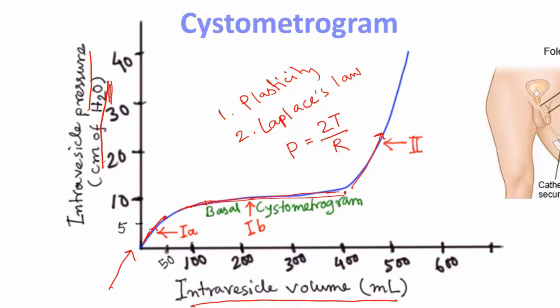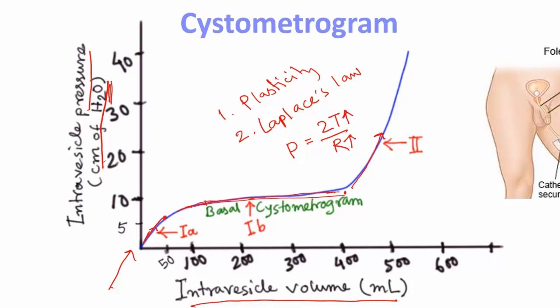Now as the urine enters the bladder, it will increase the tension of the bladder wall, so T is increased, and this also increases the radius of the bladder wall, as we know that the detrusor muscle relaxes and the radius is also increased.